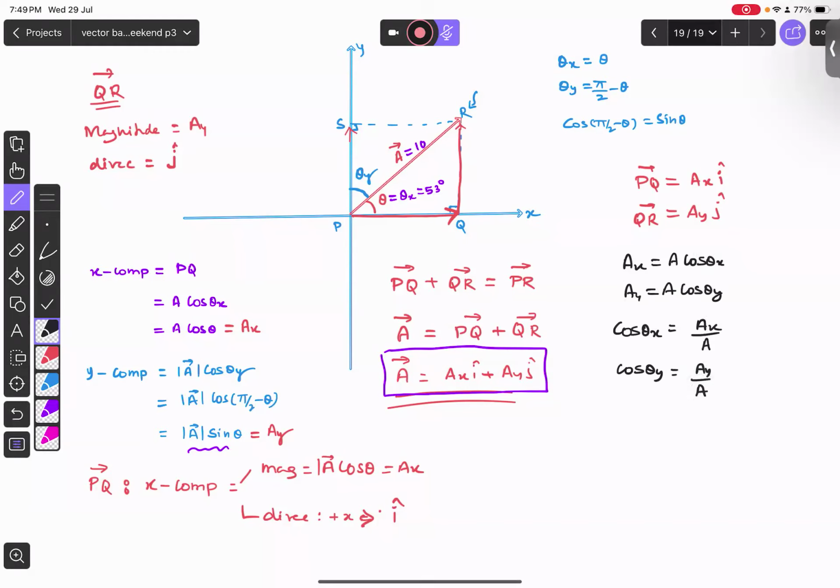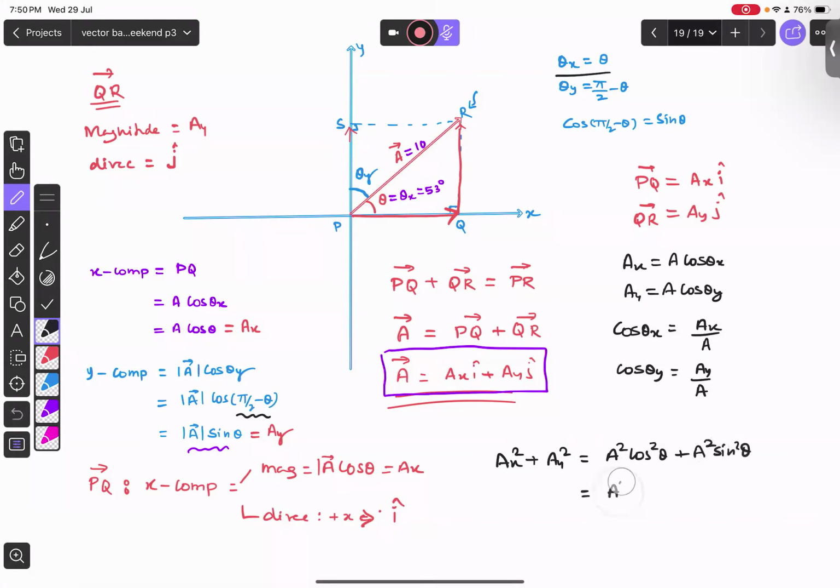But what is theta x? I called it theta. Then theta y will be pi by 2 minus theta, no? Yes, sir. So if I add up AX square plus AY square, you will have A square cos square theta plus A square sine square theta.